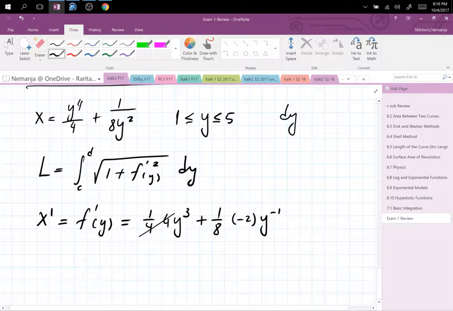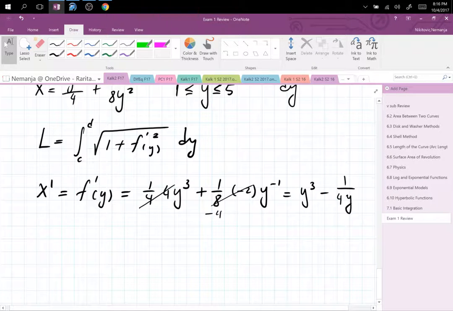Now these guys cancel, these guys make a negative 4 in the denominator. Oops. Negative 4 in the denominator. So this thing becomes y cubed minus 1 over 4y. That's what we have.